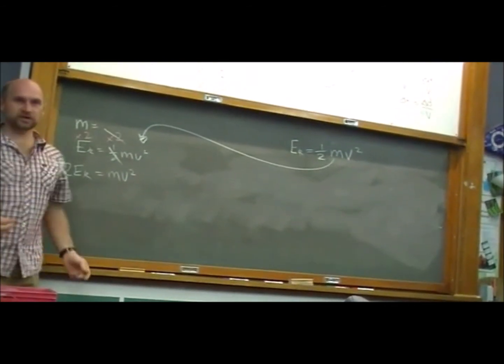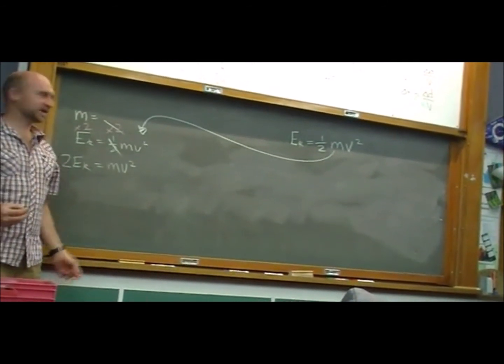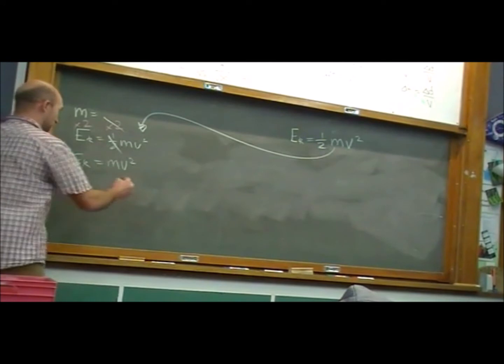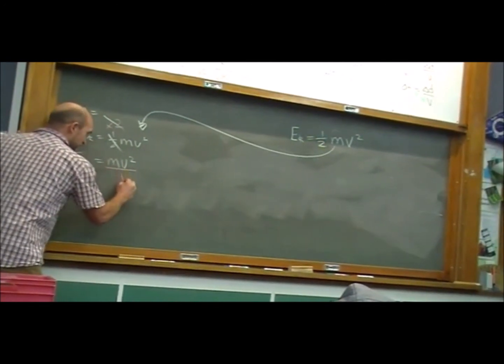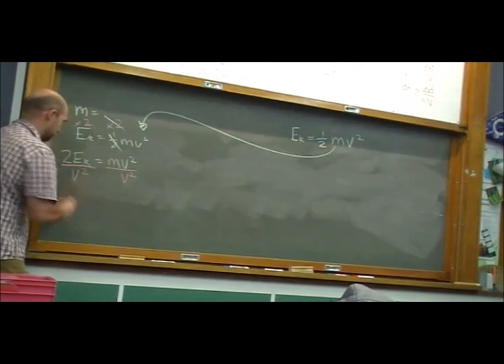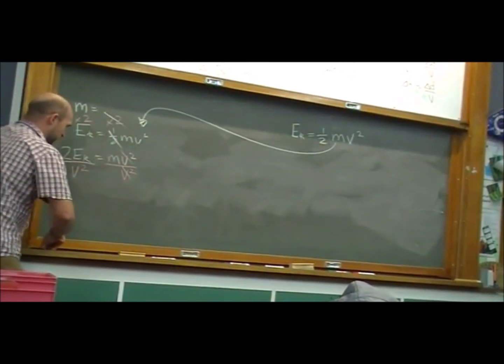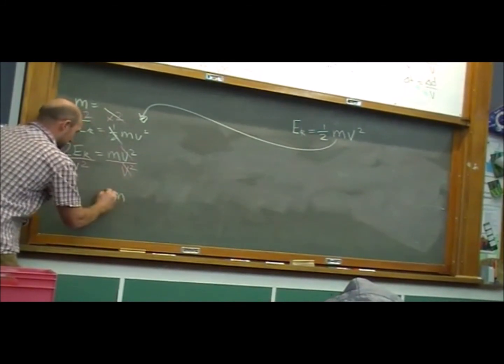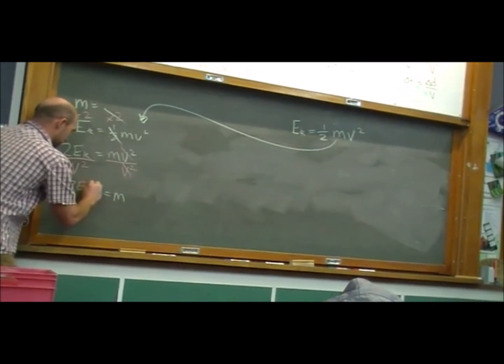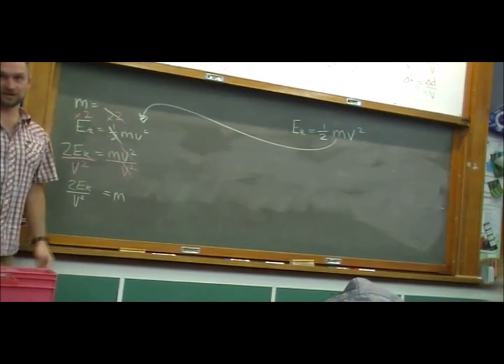What are we going to do to get rid of that v squared? How's it connected to the m? Times. So we're going to divide by v squared, divide by v squared, cancel, cancel, and we end up with m equals 2 EK over v squared.